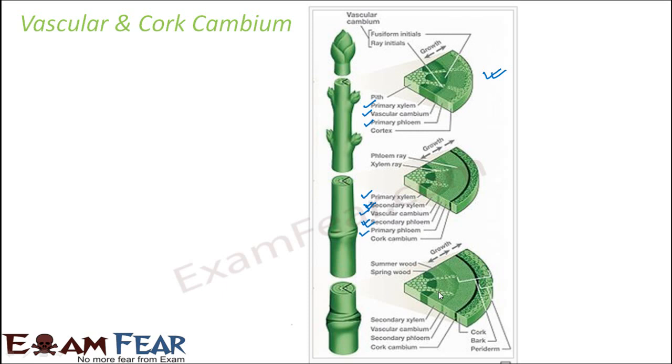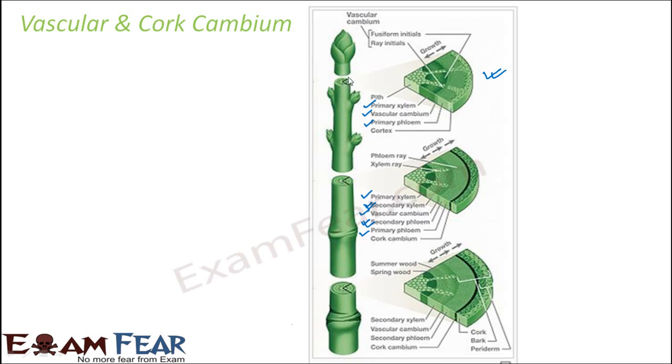So to compensate for that, another layer came up, that is the cork cambium. So cork cambium is present in the cortex region. So now what happened? This cork cambium again gave rise to the cork, the periderm, the secondary cortex. So now because of the cell division in the cork cambium, there was further increase in the girth or in the width, right?